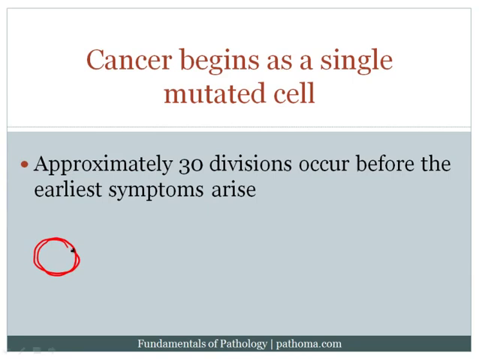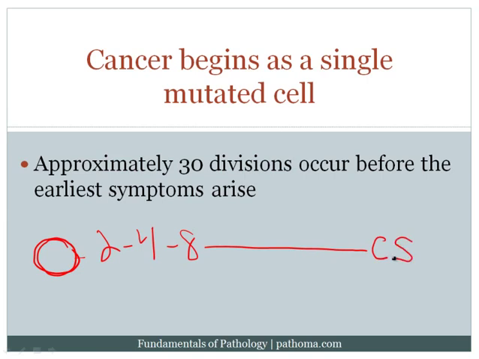Once it becomes mutated, it's then going to produce a cancer. This one cell will become 2 cells, and 2 cells will become 4 cells, and 4 cells will become 8 cells, until eventually you produce a cancer in which clinical symptoms arise.